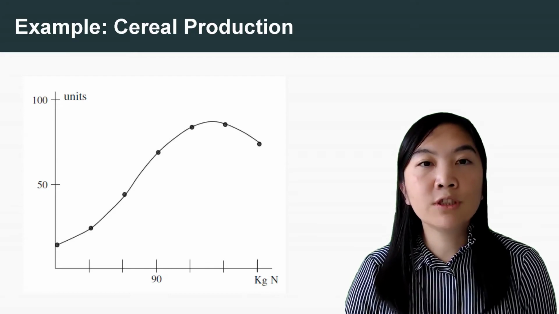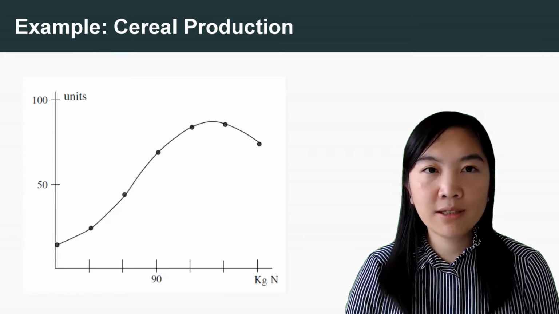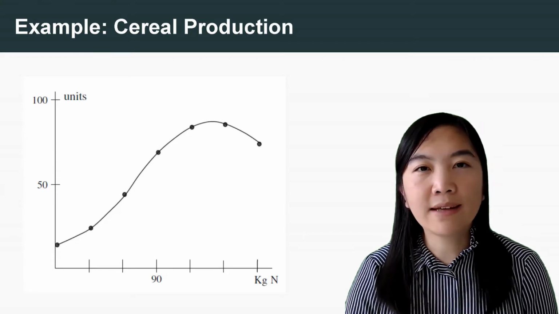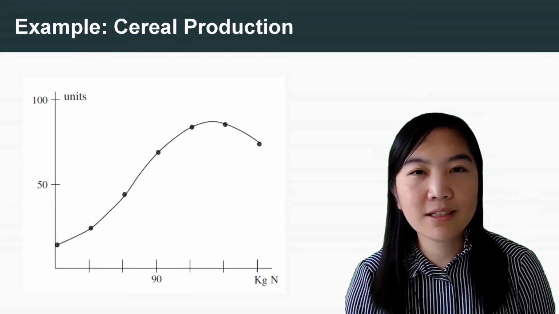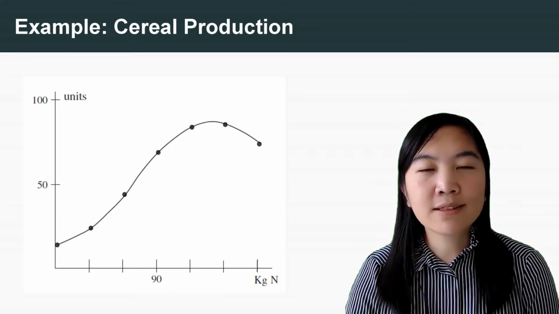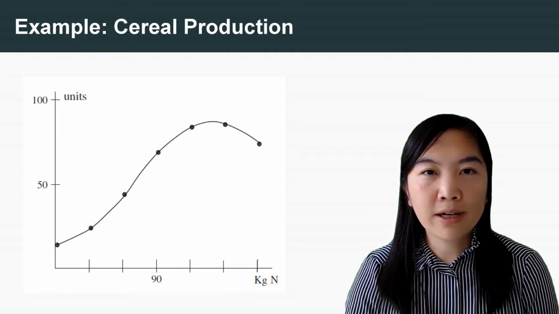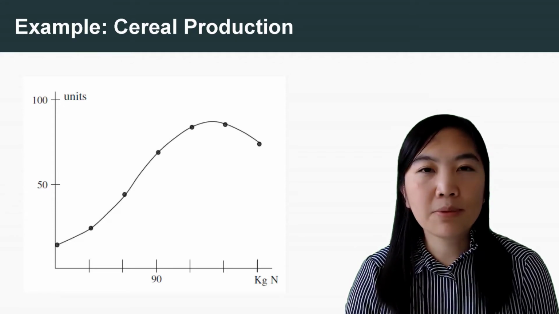If we have two inputs, then we can use a 3D graph to represent the production relationship. And I will show you 3D graphs later on in the course when we're dealing with two inputs.